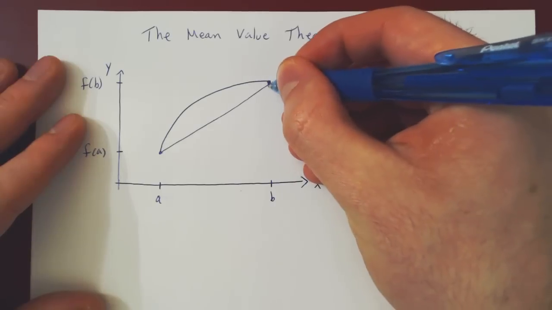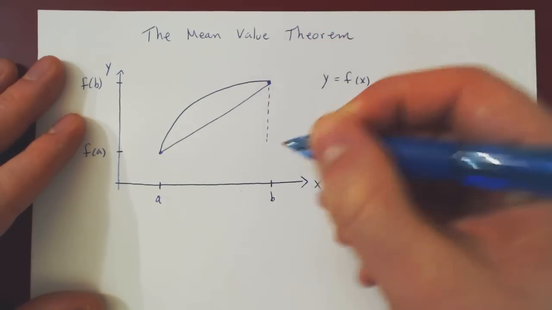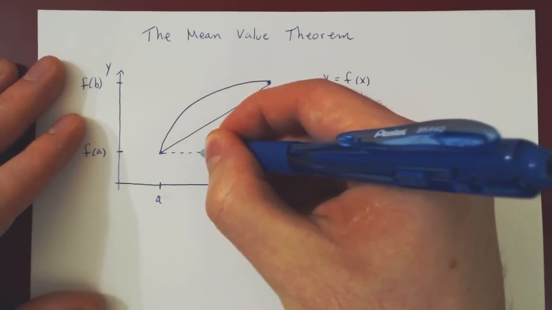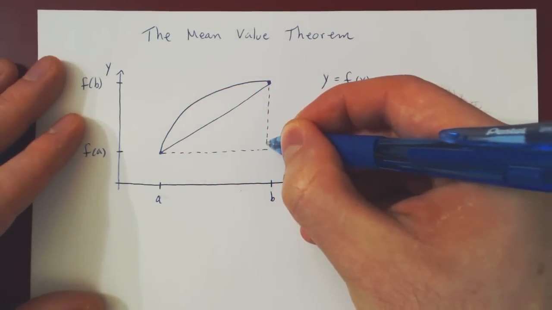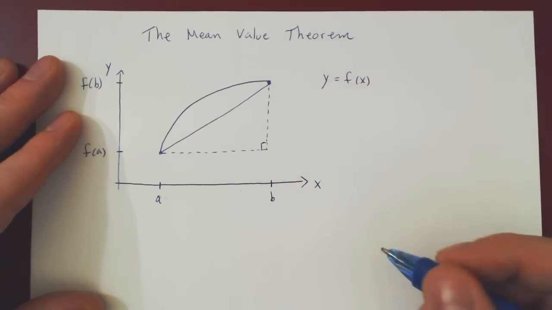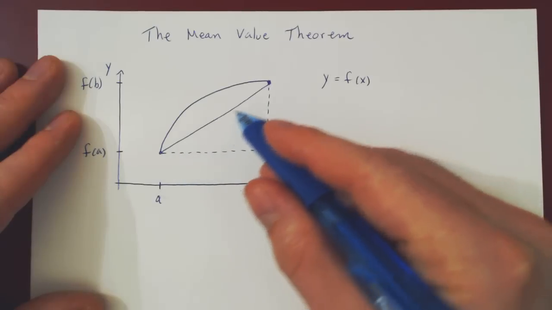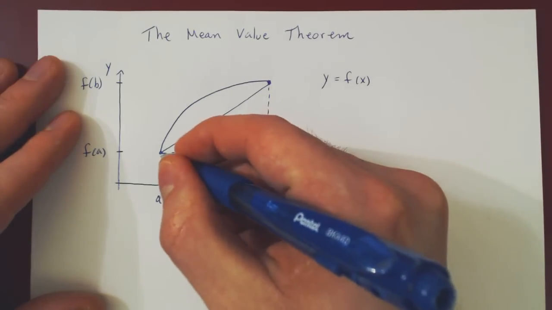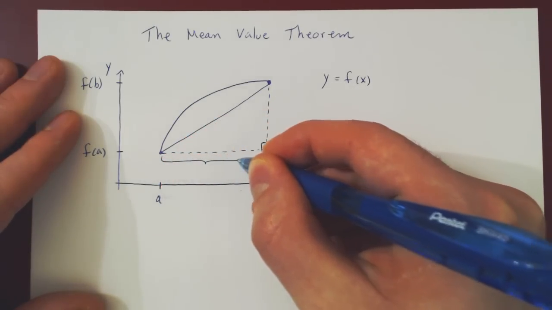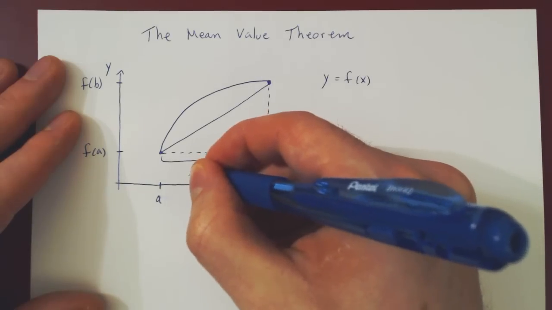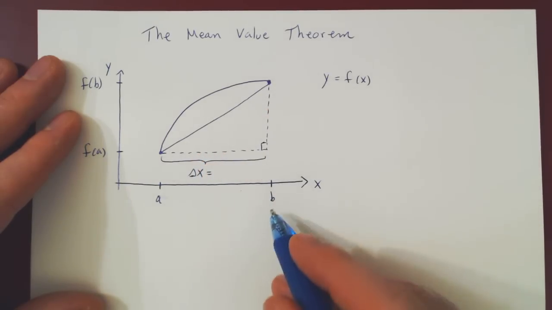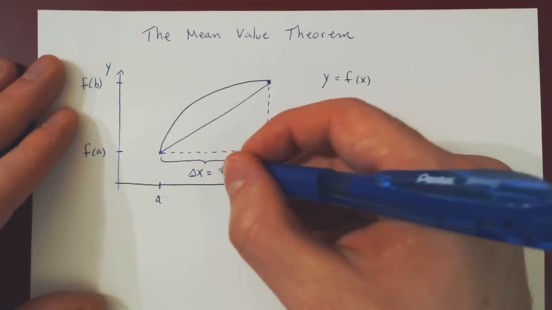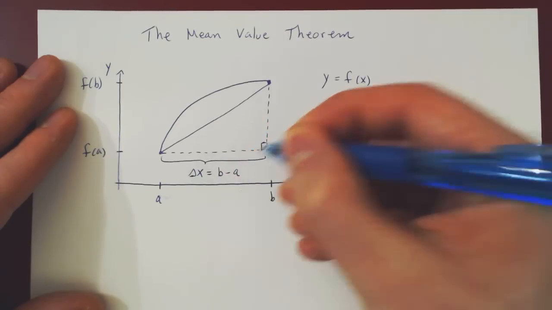Well, draw down the perpendicular and the parallel to the x-axis and form a right triangle. Right? The slope of this line is going to be the change in y over the change in x. Change in x, delta x, very obviously b minus a, the total length of our interval.